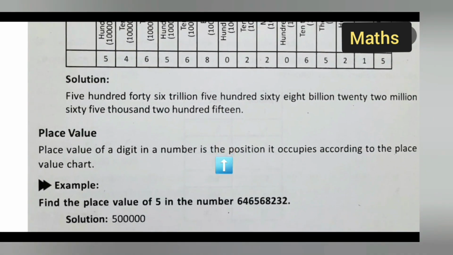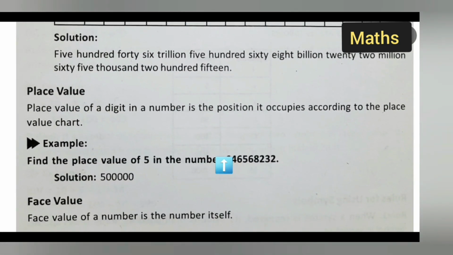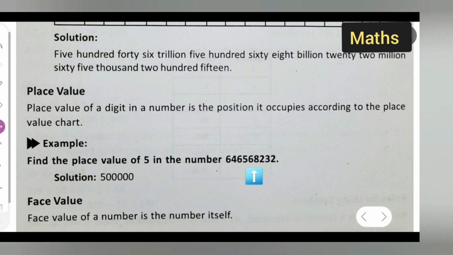Next, let us see place value. Place value of a digit in a number is the position it occupies according to the place value chart. Example: find the place value of 5 in the number 646568232. So what is the place value of 5?